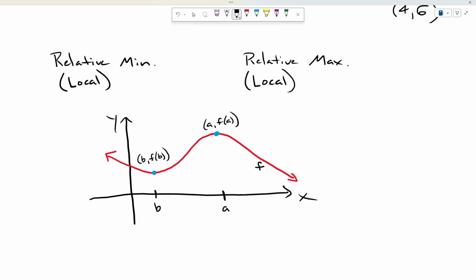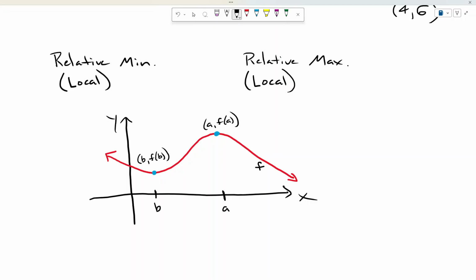All right, so our definition tells us that a function value f of a is a relative maximum of f if there exists an open interval about a such that f of a is greater than f of x for all x in the open interval.